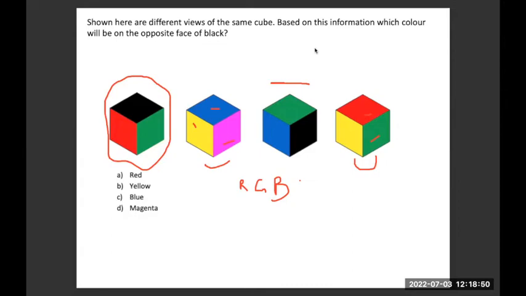Yes, ma'am. Any logic is fine, but the correct answer is yellow, basically. Start with whichever color is asked: if it is a cube which is shown to you, every color will be connected to four different shades.